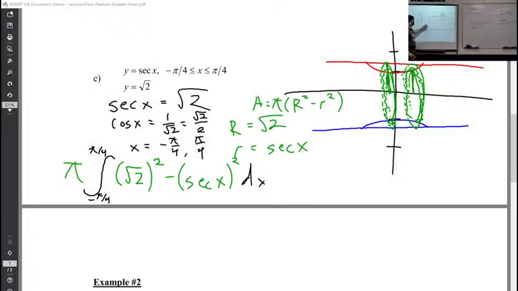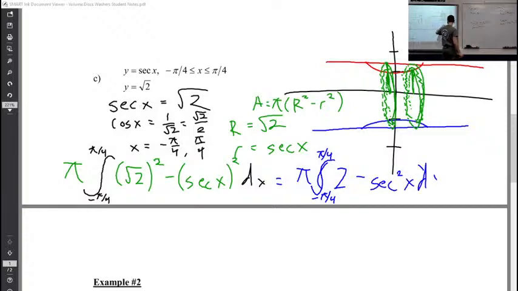And I won't show out evaluating the entire integral, but I will do this simplifying first. Pi times the integral from negative pi over 4 to pi over 4. And guess what? Square root of 2 squared is 2. Secant of x squared is secant squared dx. And the nice part about that is that we know these are pretty easy antiderivatives. Antiderivative of 2 is 2x.